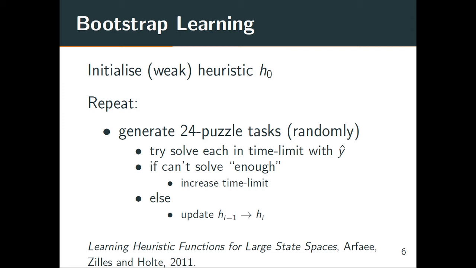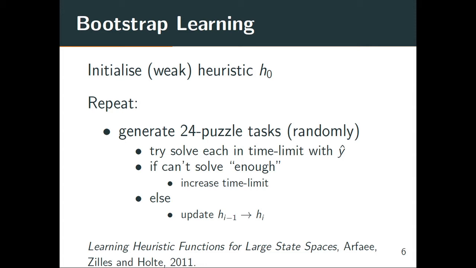The basic premise of this approach is as follows. We start out with a weak heuristic H0. This can be a completely uninformative heuristic, such as a neural network with random weights. We then repeat the following. We generate a set of tasks, each task having a random start state.